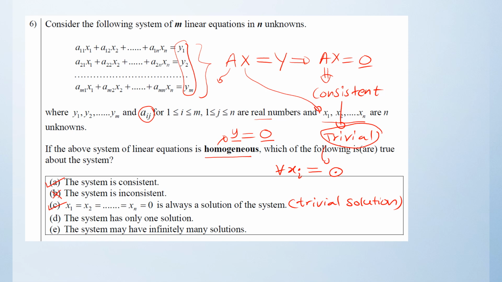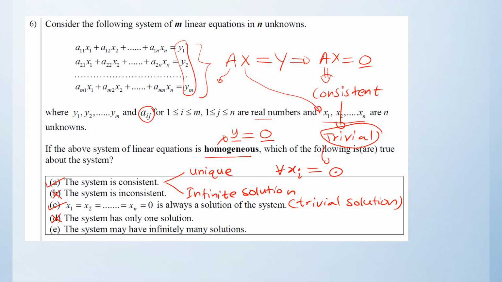For a consistent system we know that you may have two cases: when we have a unique solution and when we have an infinite number of solutions. So D is incorrect because we don't know whether the system is having a unique solution or not.